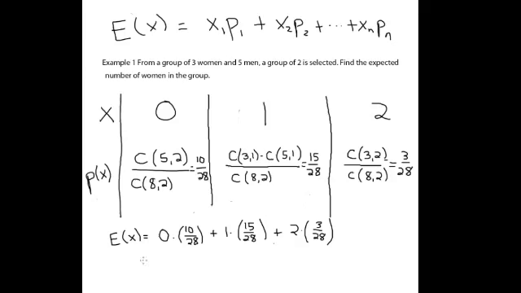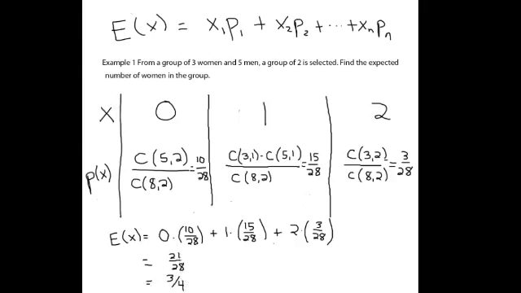So summing these values, we end up with 21 divided by 28, or 3/4. So the expected number of women in the group is 3/4.